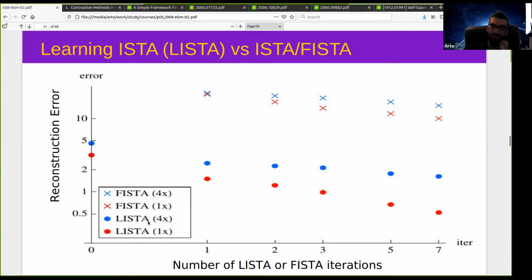This LISTA encoder is trained on targets obtained by this classical optimization, but in practice, once trained, it produces much faster convergence for these kinds of problems.